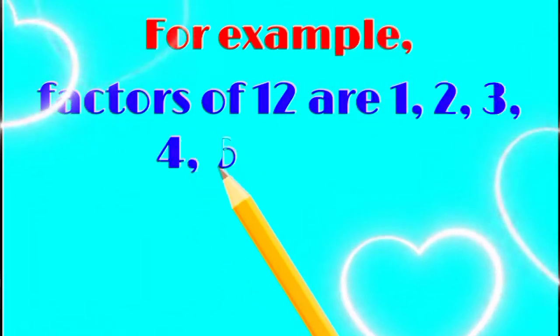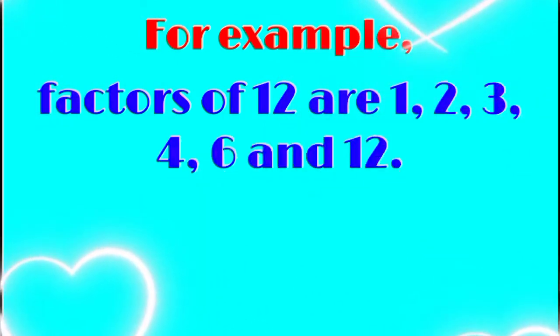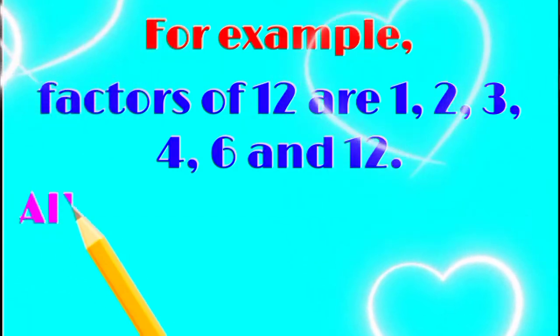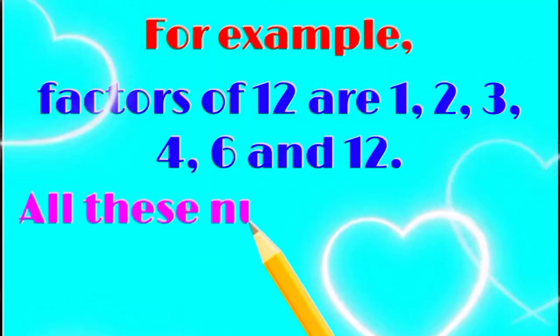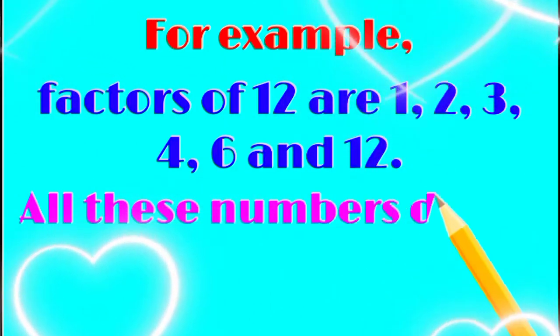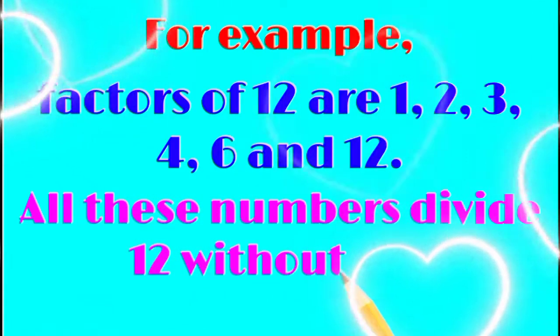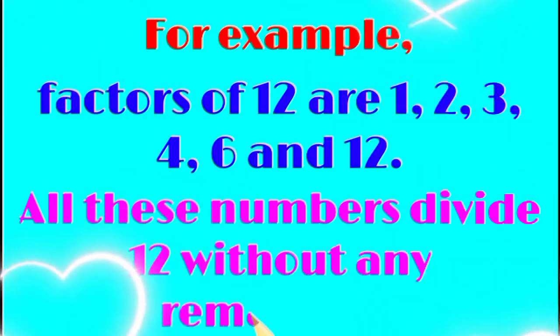You will notice that all the factors of 12, that is all the numbers that can divide 12, are 1, 2, 3, 4, 6, and 12. All these numbers can divide 12 without leaving a remainder. So this is what makes them factors of 12.